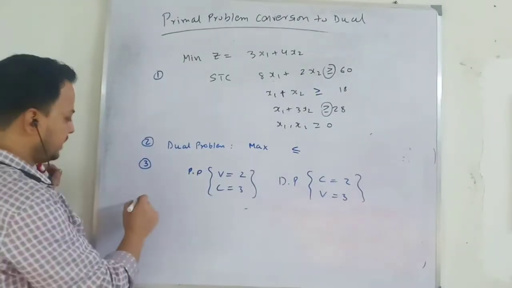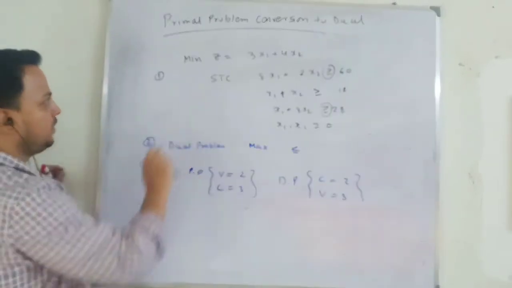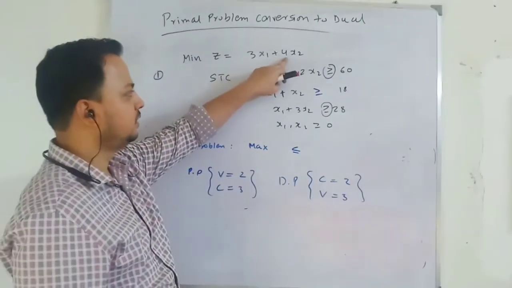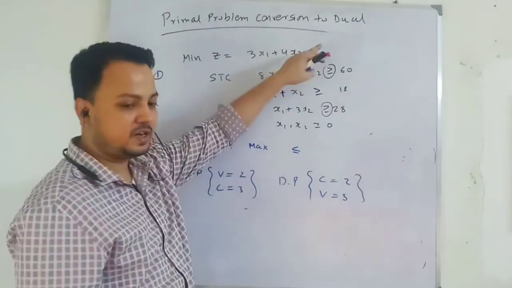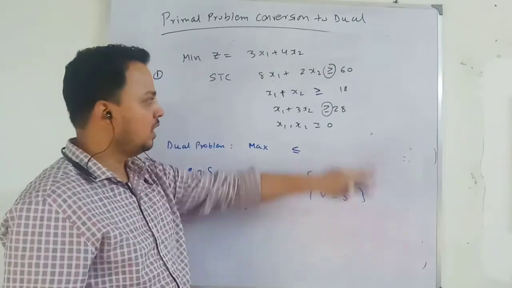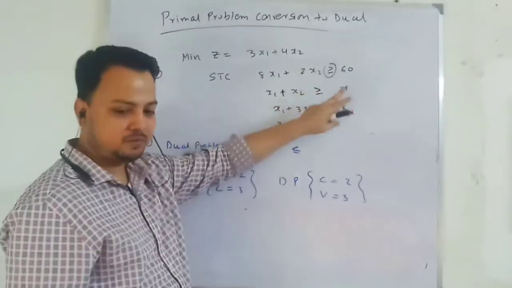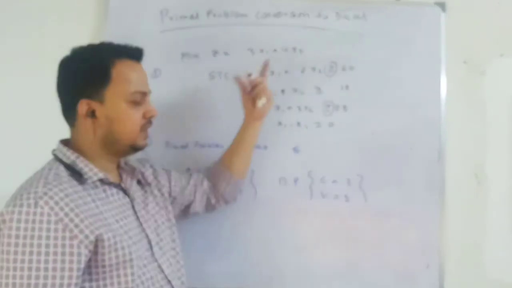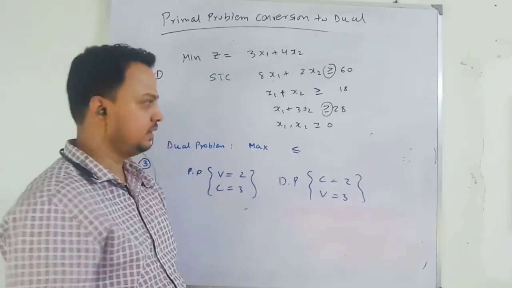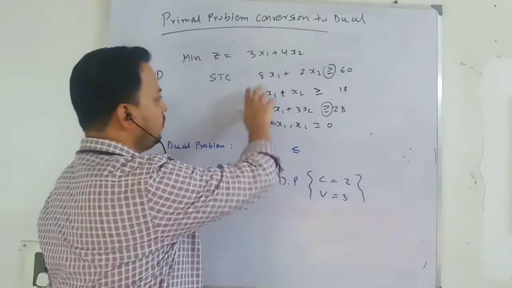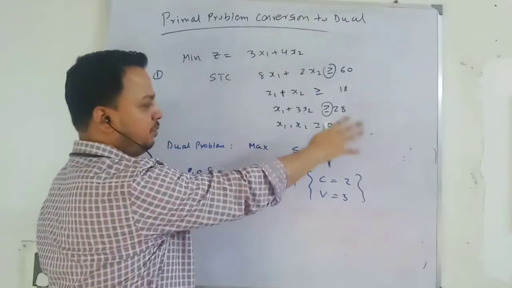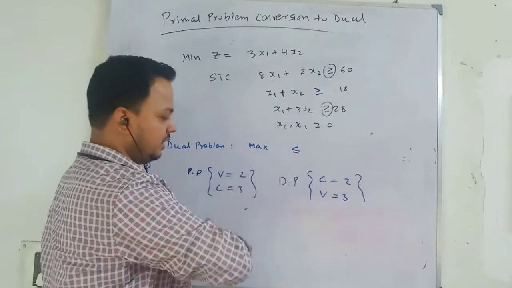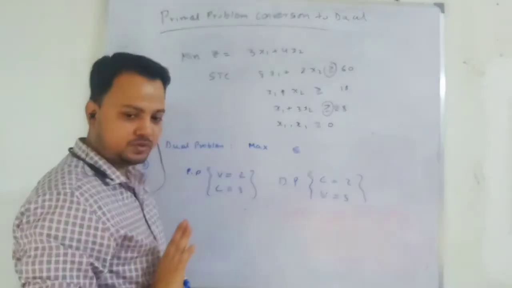Okay. Next step. Whatever cost coefficient that you have here will become the right hand side of the constant in the dual problem. And whatever you have on the right hand side here in the primal problem that I have converted into standard form will become the cost coefficient in my dual problem. First thing. Second thing, whatever constants you have, make the matrix, take the transpose, that will become the left hand side of your constant.